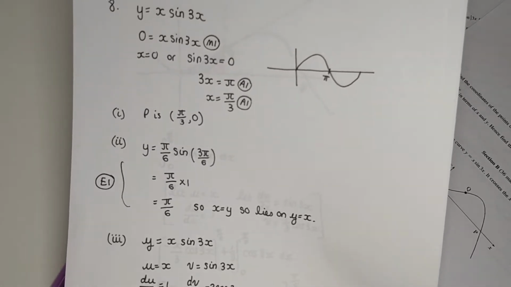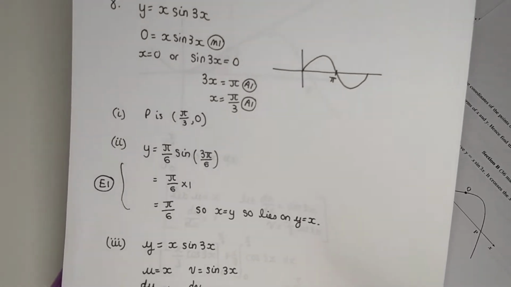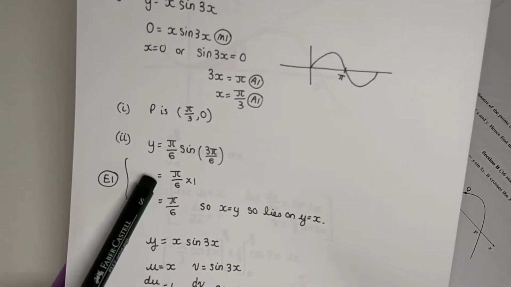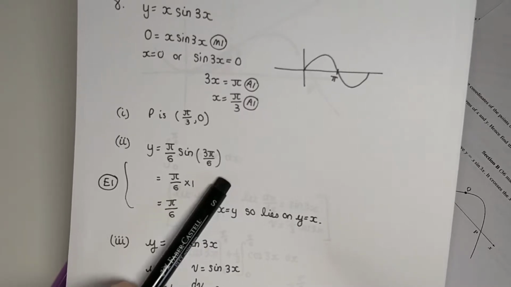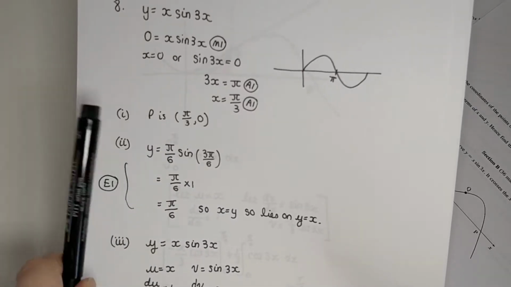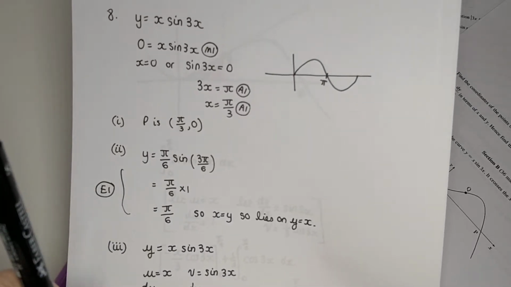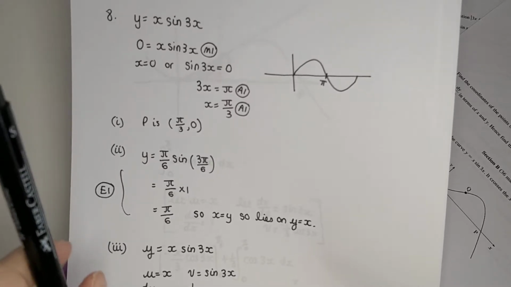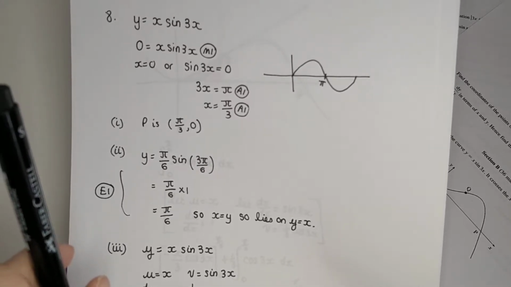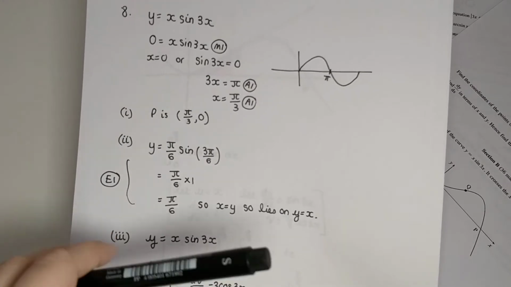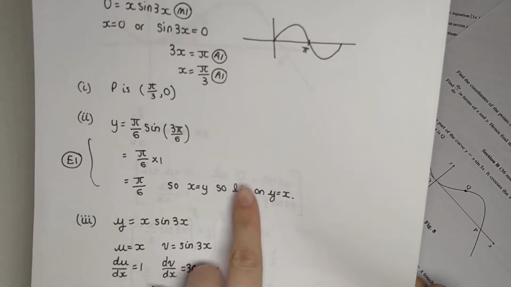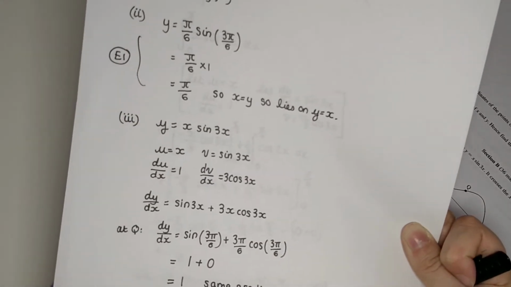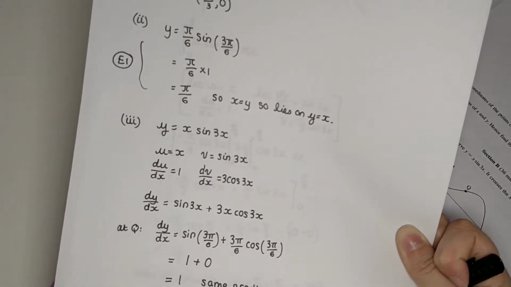In fact, if you don't use radians, you won't get the right answer anyway, because if you substitute 60 degrees into this, your answer would not actually work. Actually, you know what? I think it would. Never mind. This bit, this line here is very important as well. Got to have that.